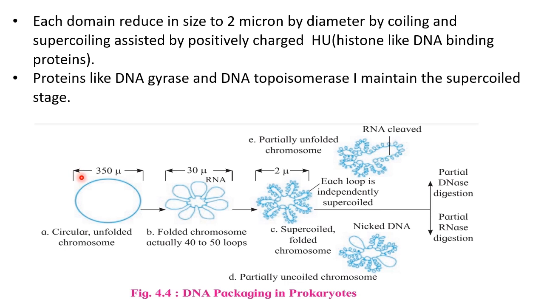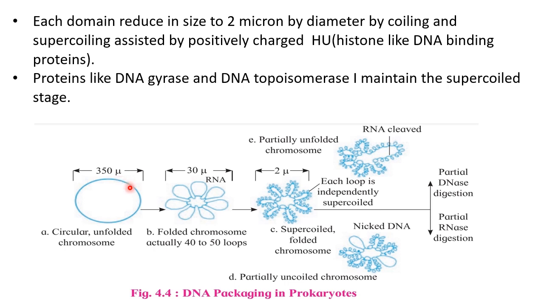Here we see packaging of DNA in prokaryotes. In the first diagram, we see a circular unfolded chromosome. Here we see the chromosome is circular and unfolded, and its size is about 350 micron.